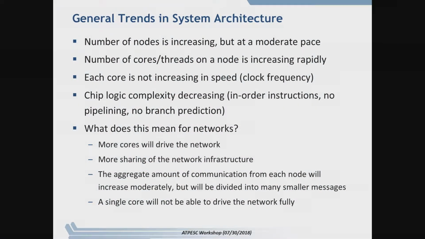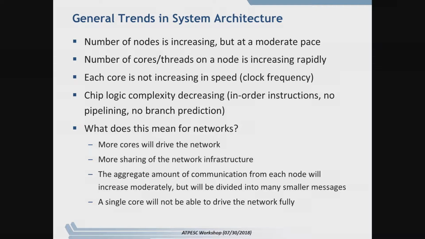So the takeaways here are that the number of nodes is increasing, but at a moderate pace. But the number of elements, the number of cores and threads on a node, are increasing rapidly. We're definitely seeing that. We have 60-some odd cores on a node, plus whatever accelerator cores and things like that. So there's lots and lots of concurrency on the node. Those cores aren't necessarily increasing in speed.